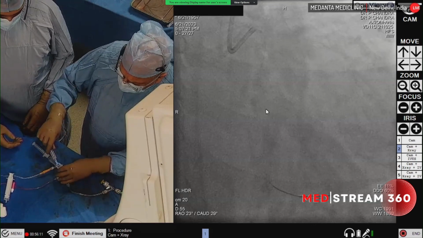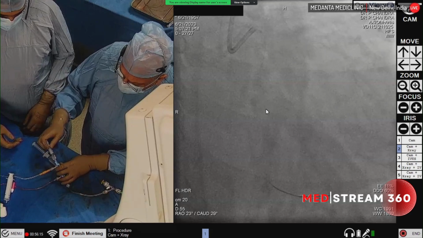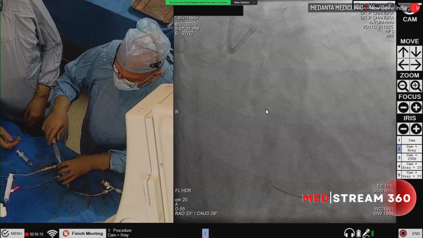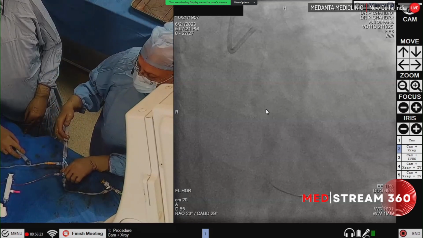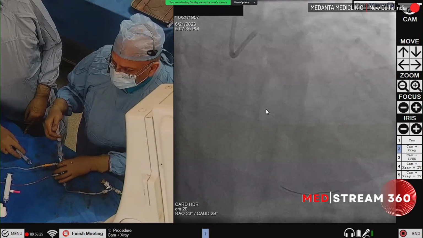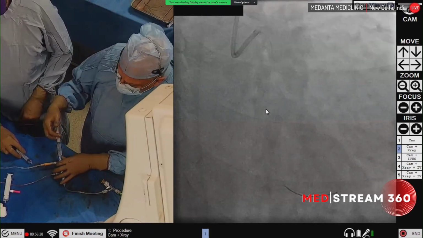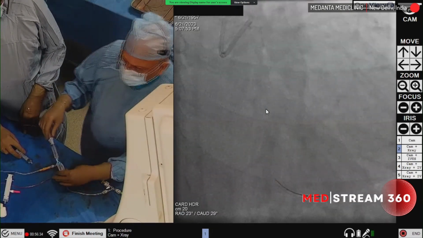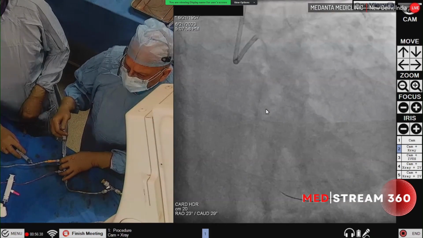So one, we have the Magic Touch, which comes from an Indian company, Concept Medical, which is also a sirolimus eluting balloon. Then we have a paclitaxel eluting balloon, which comes from iVascular. And then we also have SeQuent Please, which is a paclitaxel eluting balloon. But let me tell you, our dominant balloon usage today is sirolimus eluting balloons.